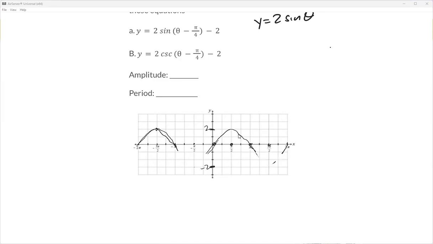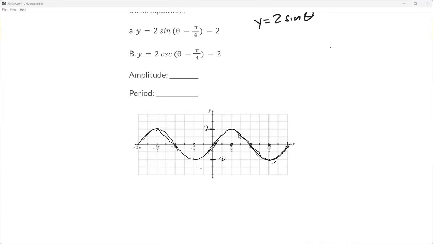I thought negative 2 was there. Negative 2 is here. My alignment's a little off. So far, so good. All right, now we're going to shift it over to the right pi over 4.